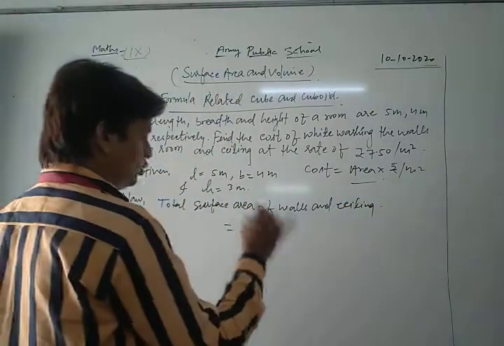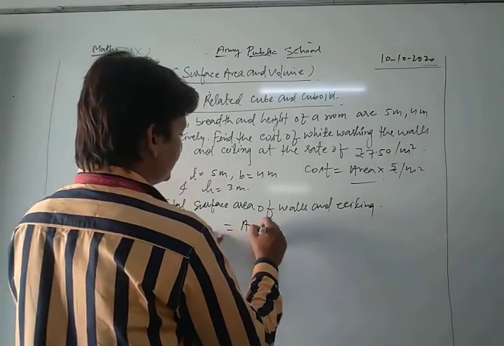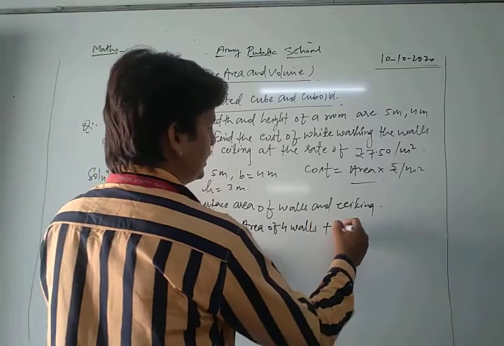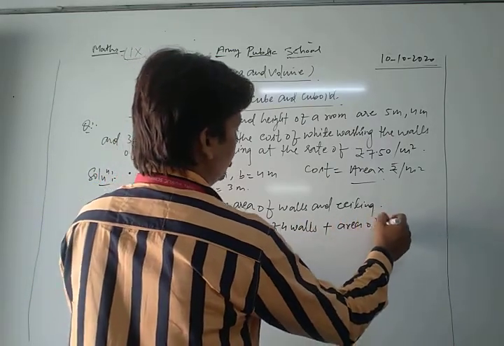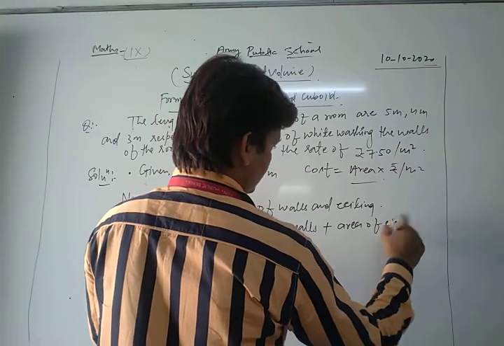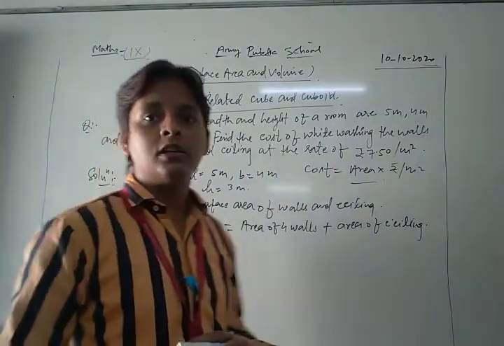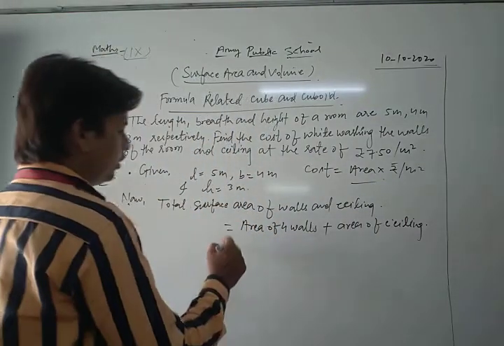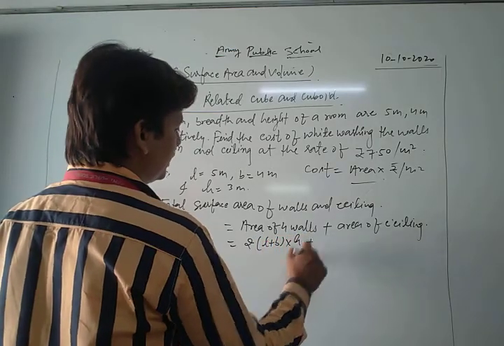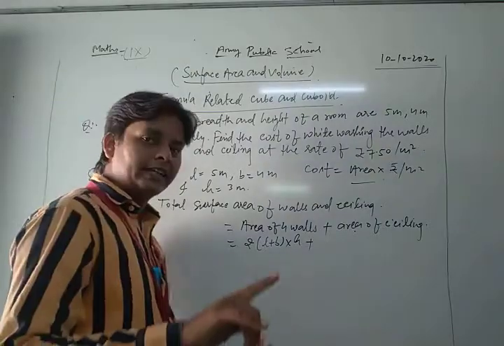You know that the total is the area of four walls plus the area of the ceiling. The area of the four walls of the room is 2 into (length plus breadth) into height, and the area of the ceiling is length into breadth.